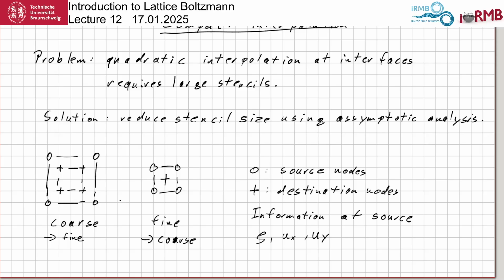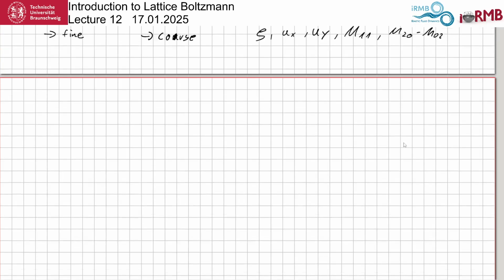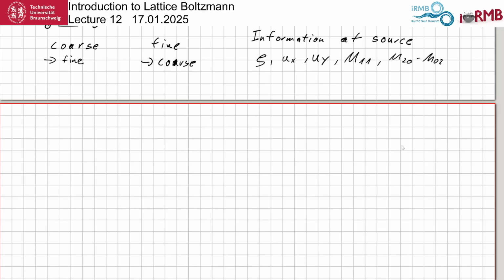But we also have to deal with the non-equilibrium part, and we don't use the entire non-equilibrium part. We only use the one that is required according to second order, according to the asymptotic analysis. And this is M11 and M20 minus M02. These are the things that are required, and the other stuff we reconstruct with equilibrium.